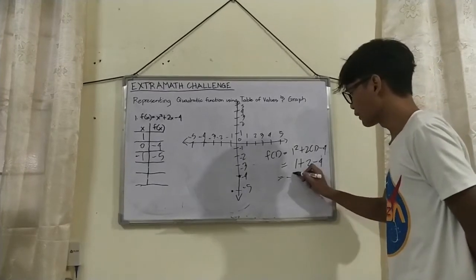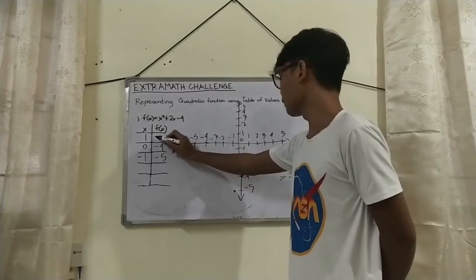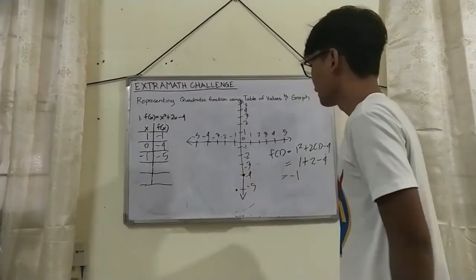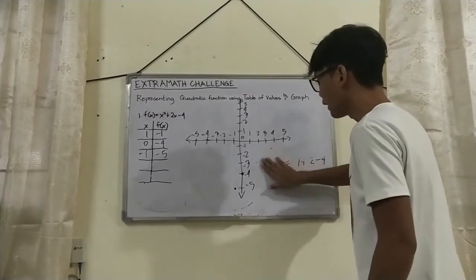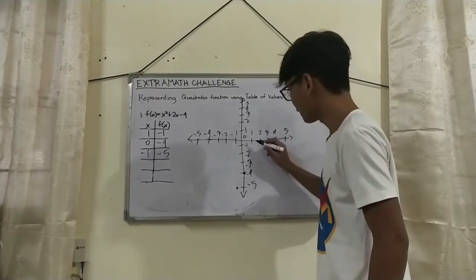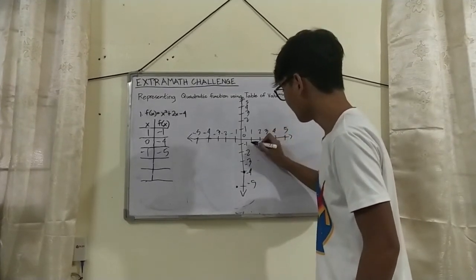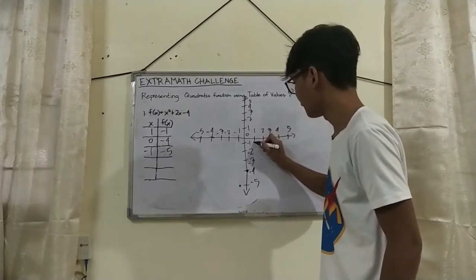We have a negative 1. So our new coordinate is 1 and negative 1, and we will plot it here in the Cartesian plane.